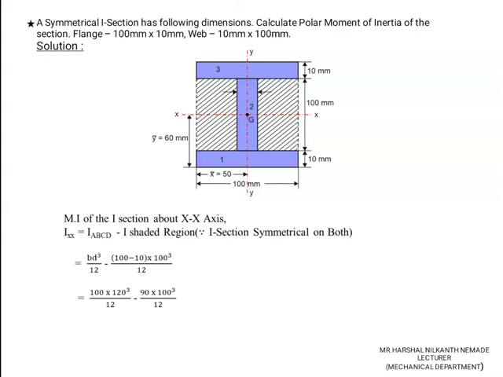B value is 100, D value is 120, so 100 into 120 cube divided by 12 minus 100 minus 10, which is 90, multiplied by 100 cube divided by 12. After solving, I will get Ixx is equal to 6.9 multiplied by 10 raised to 6 mm raised to 4.